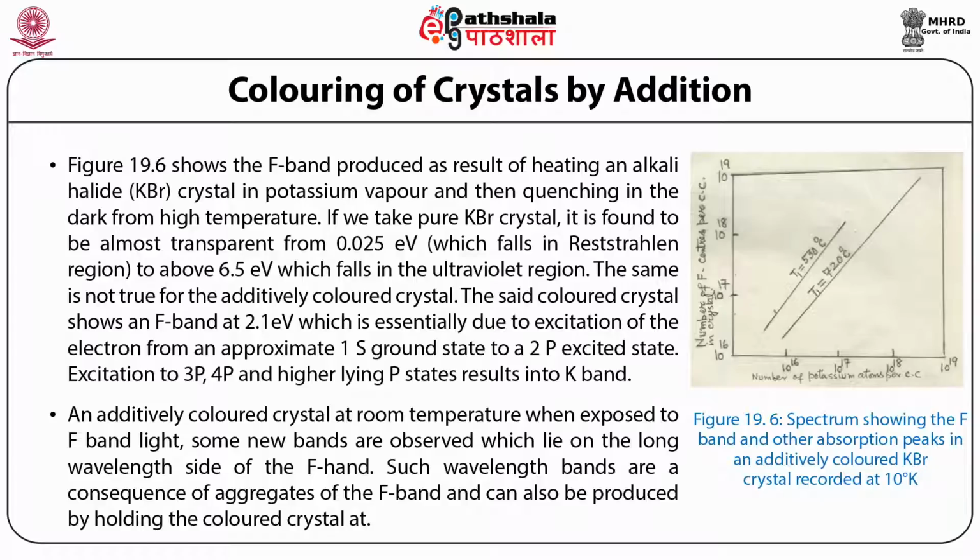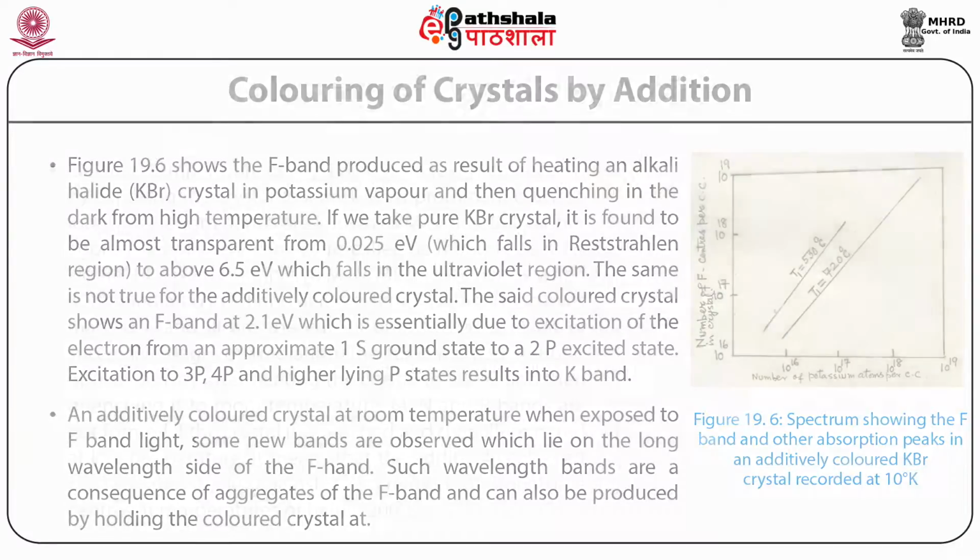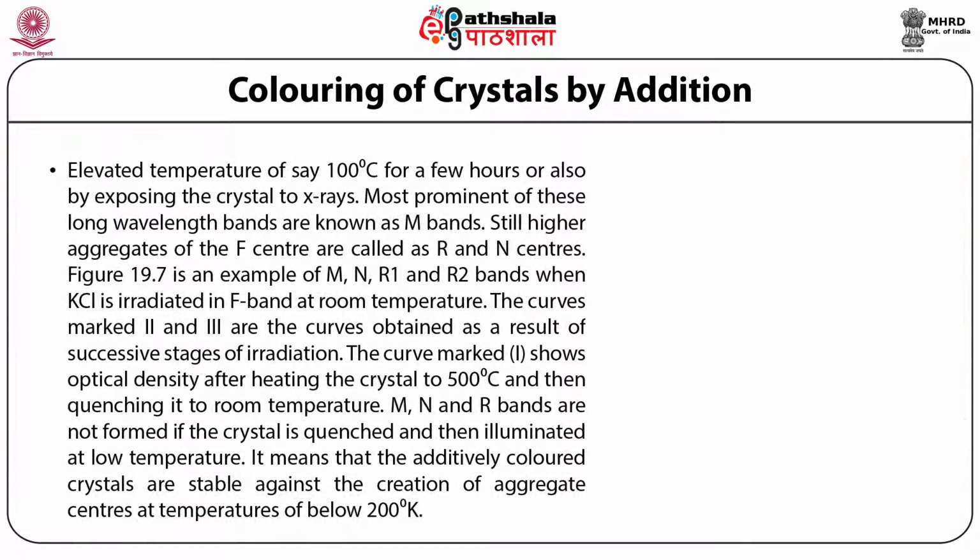Such bands are a consequence of aggregates of the F center and can also be produced by holding the colored crystal at an elevated temperature of, say, 100 degrees centigrade for a few hours, or by exposing the crystal to X-rays. Most prominent of these long wavelength bands are known as M bands. Still higher aggregates of the F center are called R and N centers.